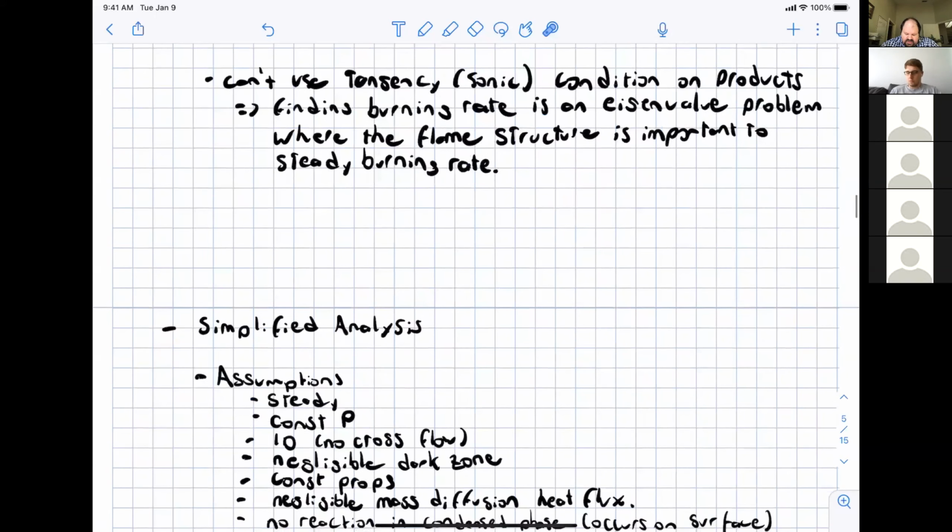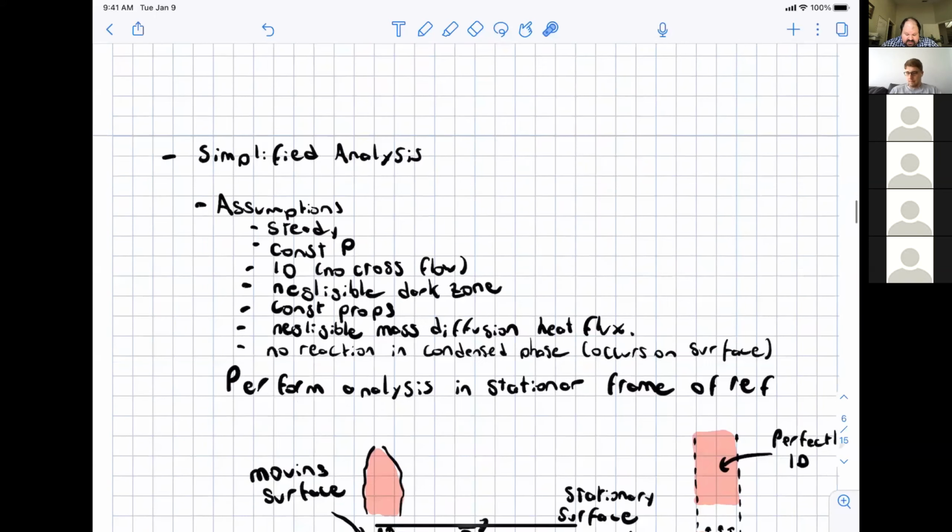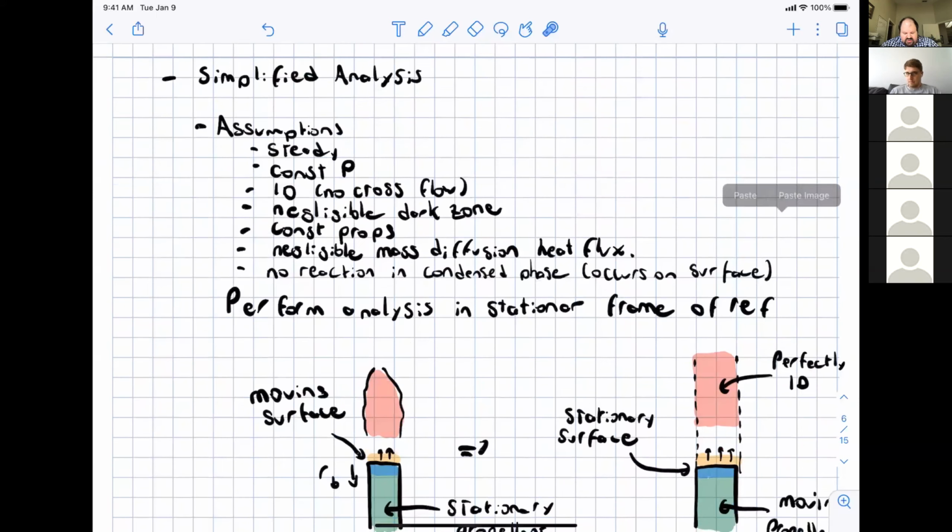And so here we're going to do a simplified analysis. We're going to assume a steady flame propagation, or a steady burning rate. We're going to assume constant pressure conditions. We're going to assume that the flow is perfectly 1D, that there is no cross flow. We're going to neglect the dark zone. We're going to assume constant properties, and negligible mass diffusion.